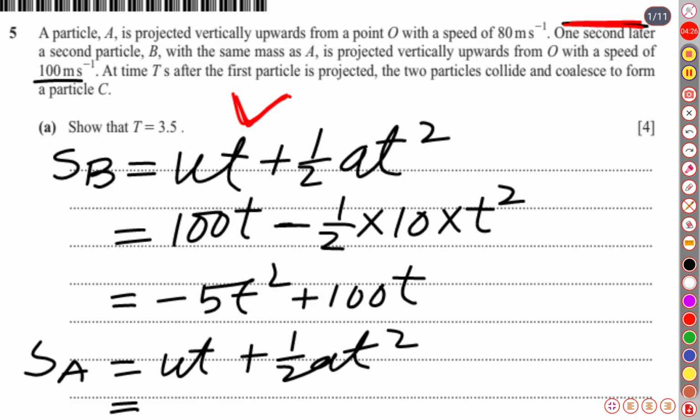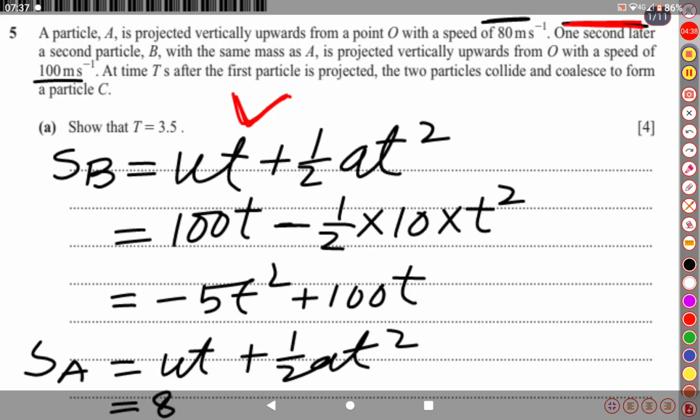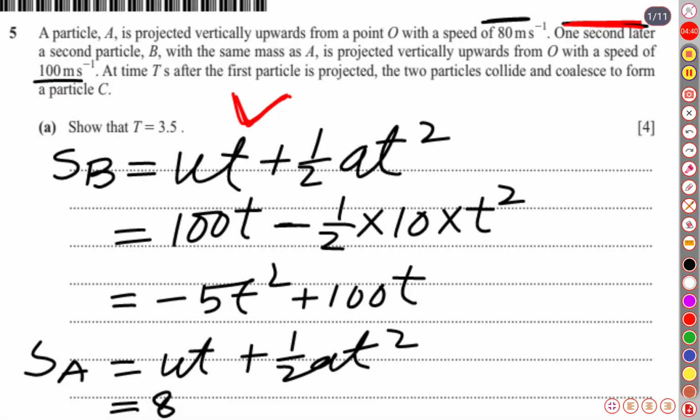So it is going to be u. How much is the initial velocity of particle A? It was 80. So 80, and time taken by particle A must be 1 second more than the time taken by particle B. So particle B took t second. So surely particle A took t plus 1 second.